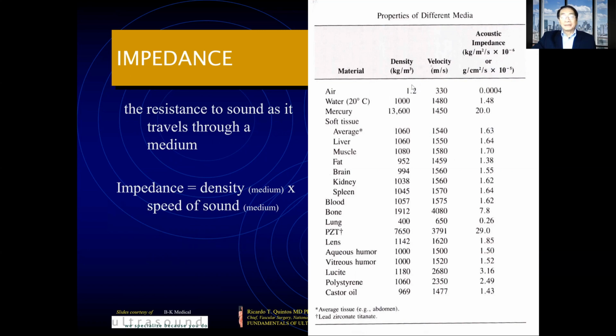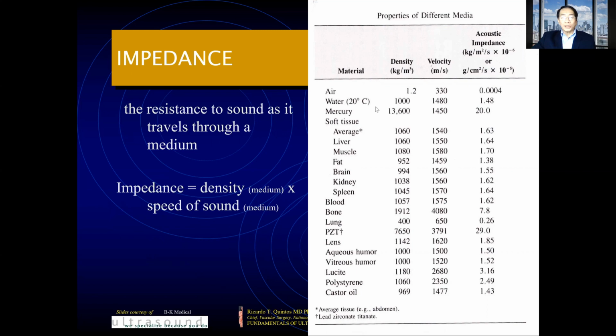For air, which has a density of about 1.2 kilograms per cubic meter, the velocity of sound in air is about 330 meters per second, and the resistance or the acoustic impedance of air is very, very low at 0.0004 grams per square centimeter per second.